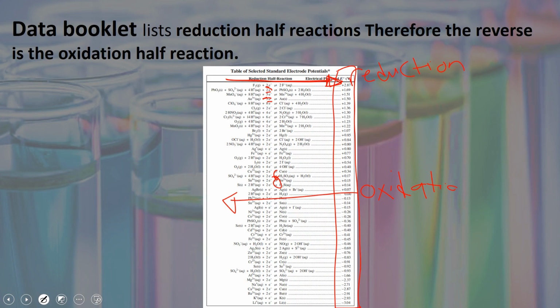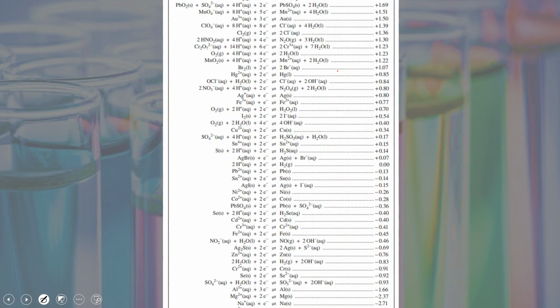Okay, so I've zoomed in here. If this is my reduction half reaction up here, you can see the voltage kind of indicates which is the strongest and which is the weakest. So if these are all reduction half reactions, would these guys be RAs or OAs?